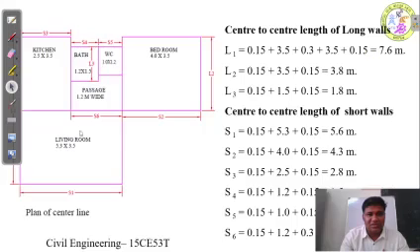Similarly, next wall is S4. So there are two numbers of S4. This is one number and this is two numbers. And for the S4, center to center length is 1.5.